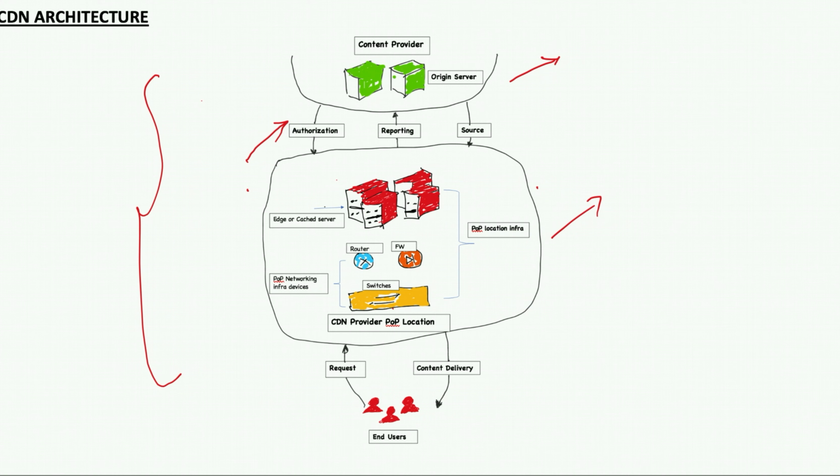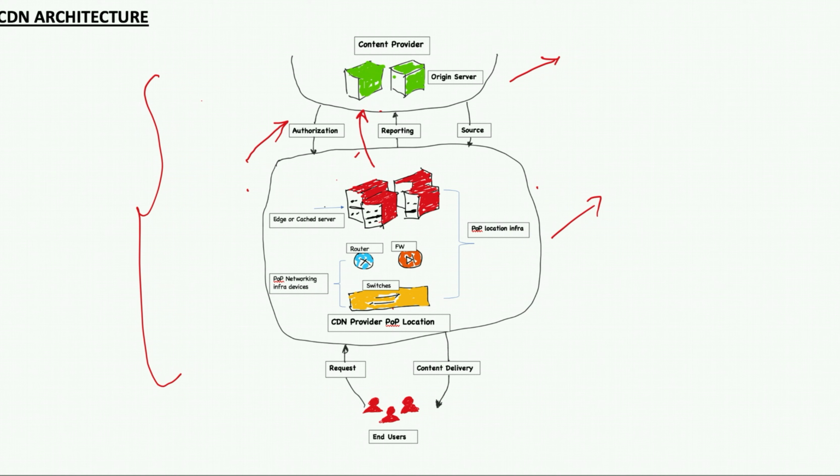The content provider can demand performance analytics from the CDN provider to evaluate the quality of the CDN provider's service to their end users. So it is the responsibility of the CDN provider to provide reporting of the utilization of the resources and the data of the main website to the content provider.